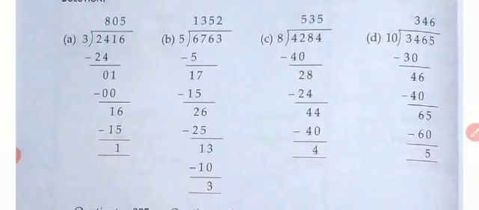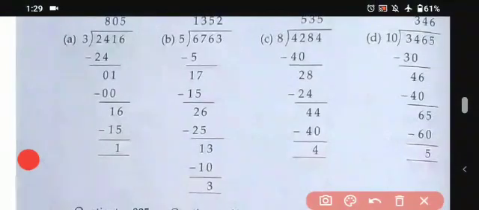So the first one is 2416 divided by 3. So how will we be doing it? That is 24. Does 24 come in the 3 table? Yes, students, 24 does come. How many times? 8 times. 3 8s are 24. So we have written this. 0 comes over here and we'll be writing 1.